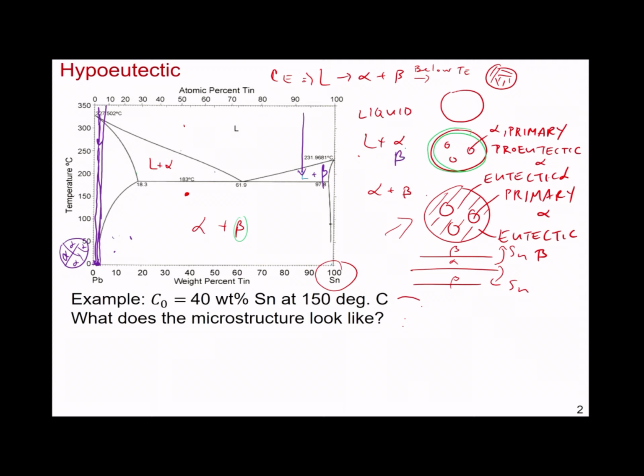So analogously, you could write liquid plus beta in the hypereutectic region. And then you solidify and you get these stripes. You get something similar, except now instead of primary alpha, this becomes primary beta. The microstructure is analogous, different names.